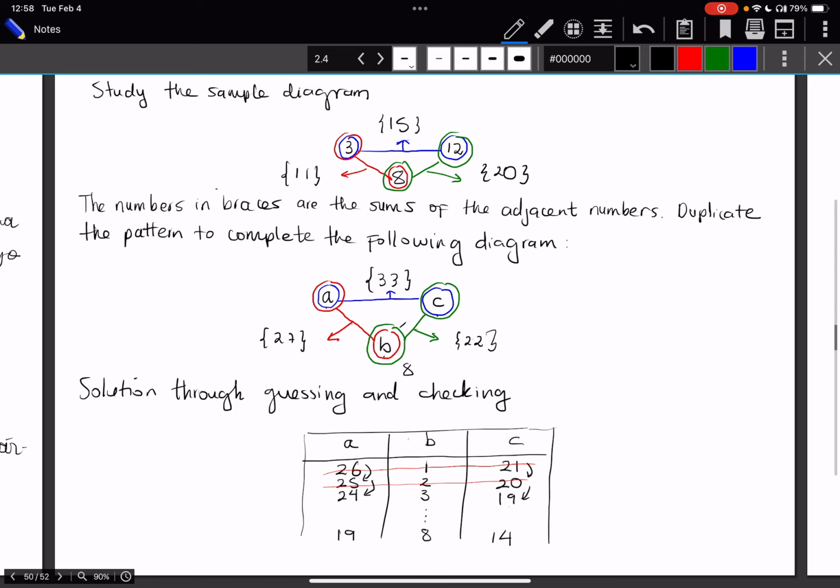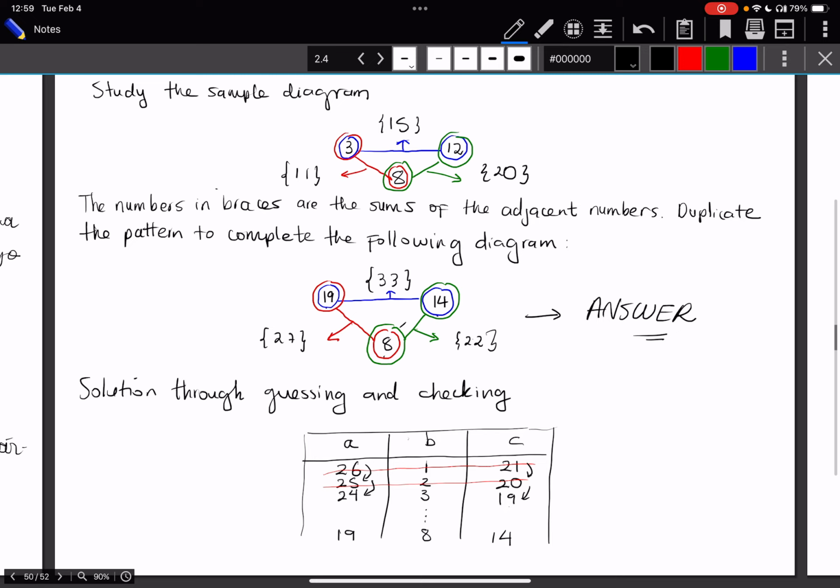So 8 for B, that would be the right answer. So here we have 8. And then we have 19 for A. And then we have 14 for C. And this is going to be the answer. Okay. So this is one way of solving the problem. We guess and check.